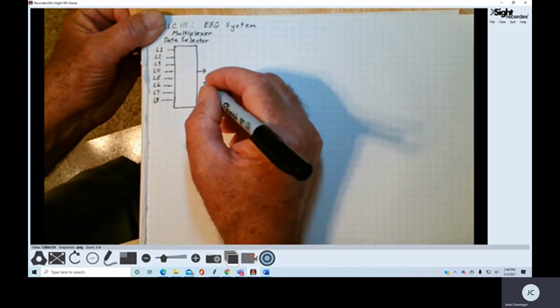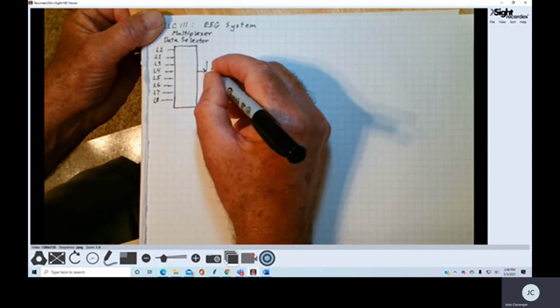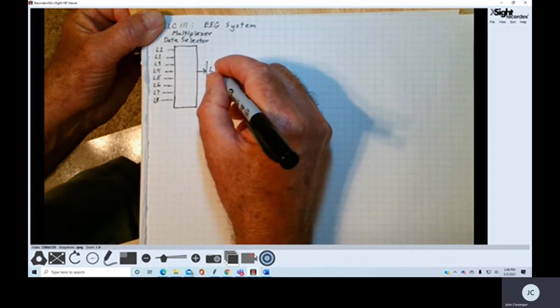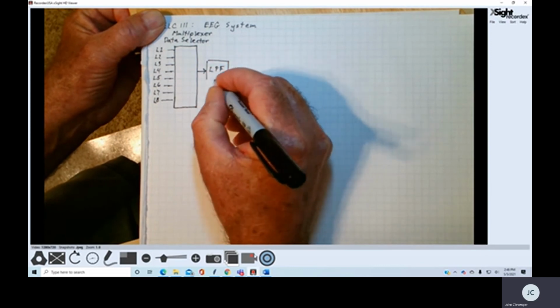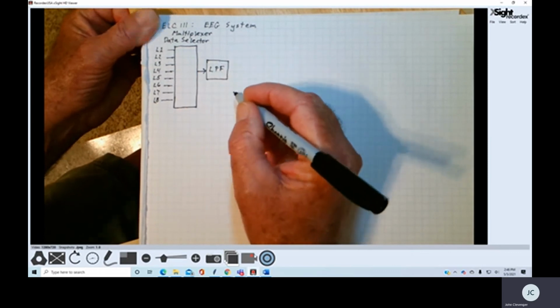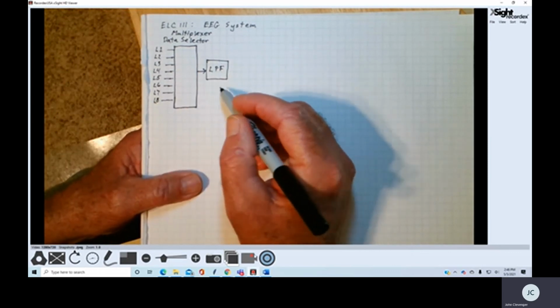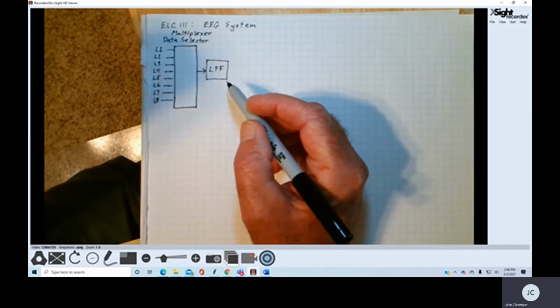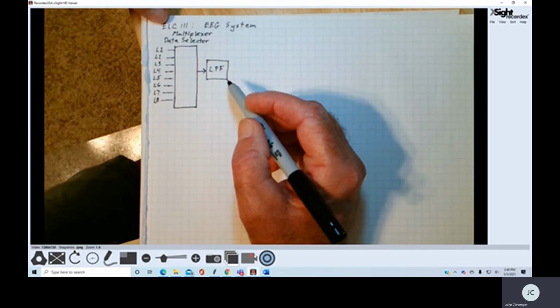The output of the multiplexer is going to go into a filter circuit. And for our filter circuit, I'm simply going to use a low-pass filter. I looked at a lot of different block diagrams of EEG systems on the internet, and I've seen some descriptions that use a combination of high-pass filters and low-pass filters and band-pass filters.